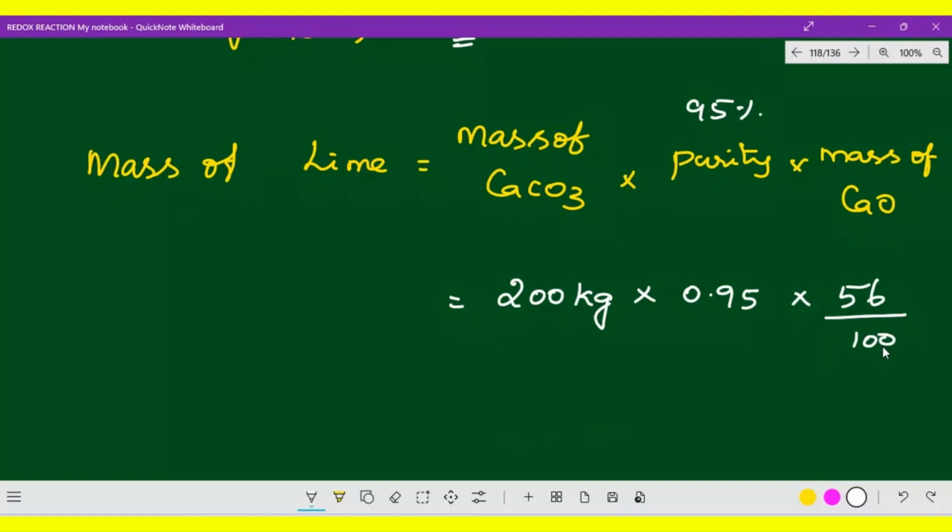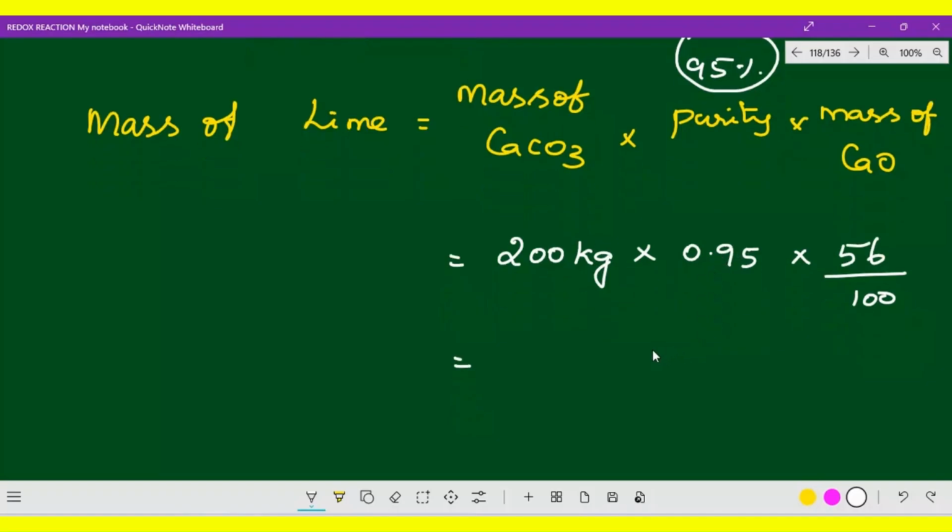Why do we apply that 100 over here? Because they mention percent, and here also we have to consider the percentage. So directly I just put 95 divided by 100, that is 0.95. When you calculate this, you will get how much? 106.4 kg. So the mass of lime, CaO, is 106.4 kg.